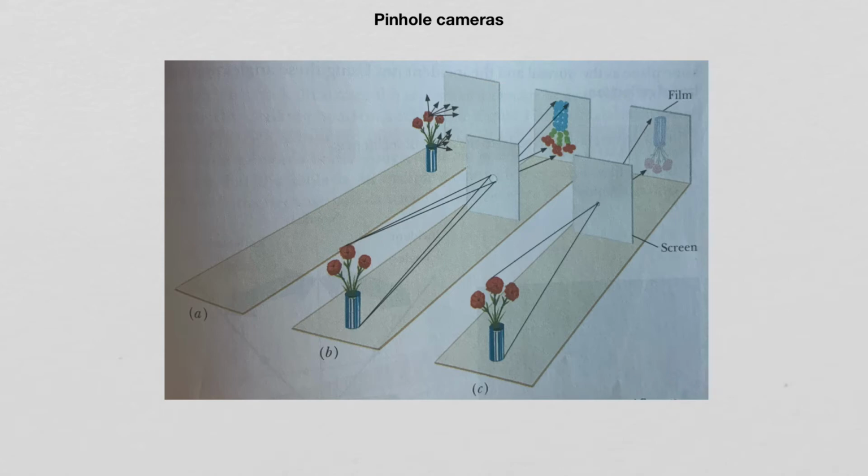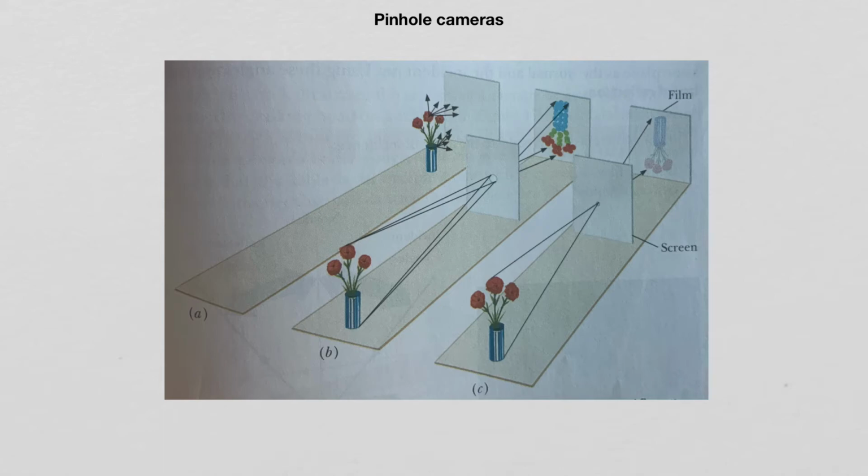However, if we place a screen between the object and the photofilm, and then we cut a small hole in the screen that is going to filter only the light rays which propagate in such a direction that they can pass through this hole and then will be registered by the photofilm.